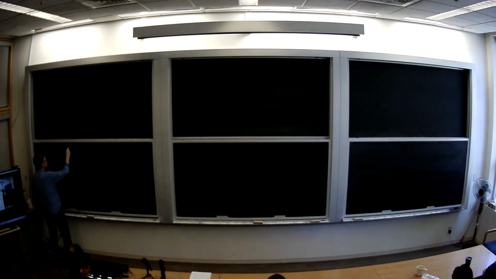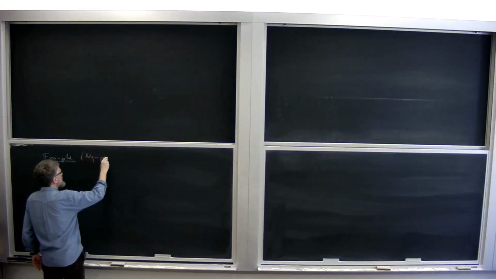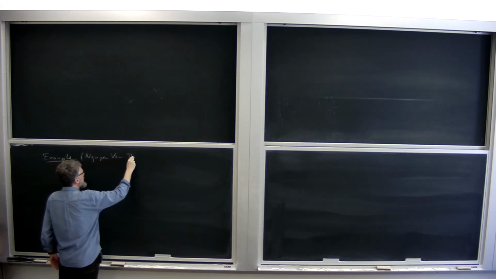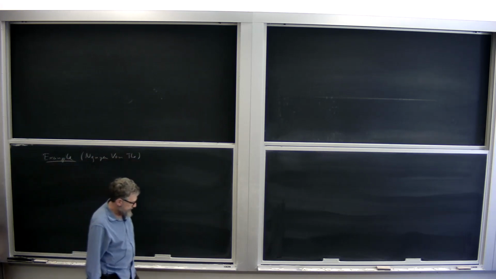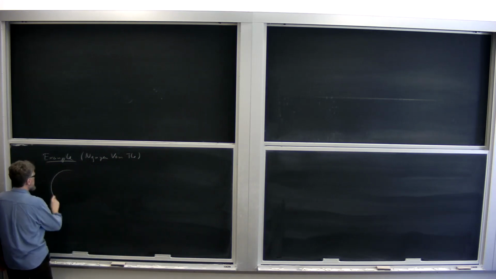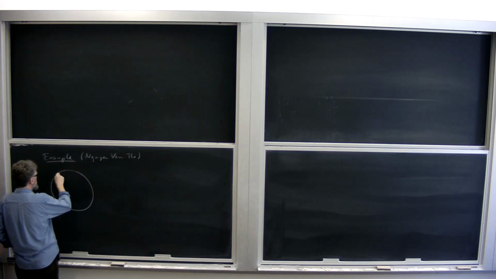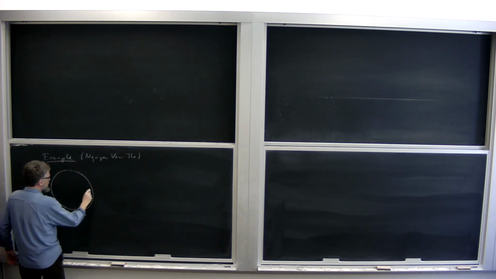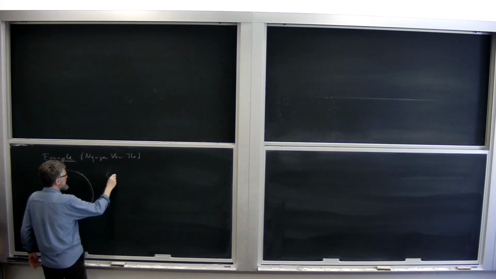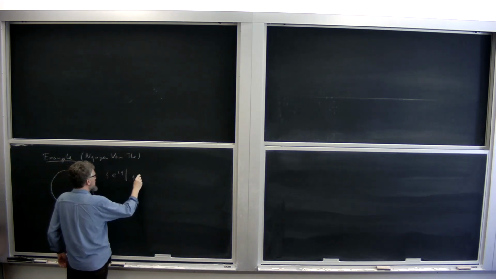This is Lionel's example. If you remember from last time, there is a circle. We take only rational points, so we agreed points of the form e^{iq}, q irrational.